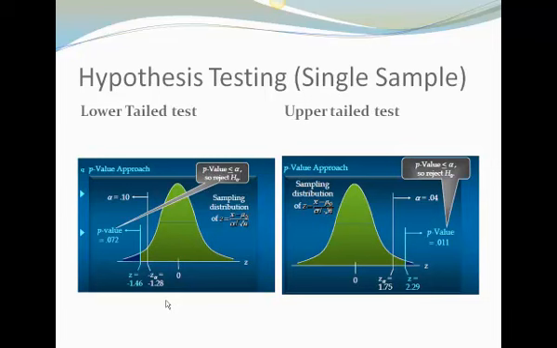So then the opposite would go for the upper tail. The upper tail test would be H0 is less than or equal to your hypothesized value. So you would not reject in the lower tail, but you would reject in the upper tail. So the upper tail is when it says less than, you would reject in the upper tail.